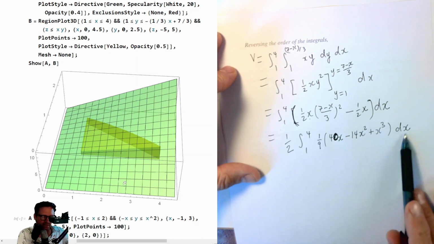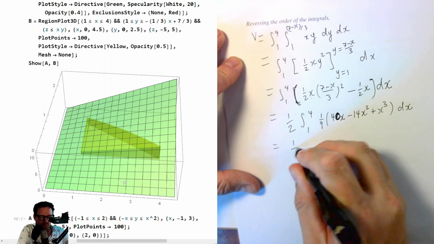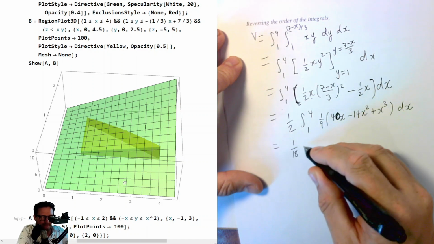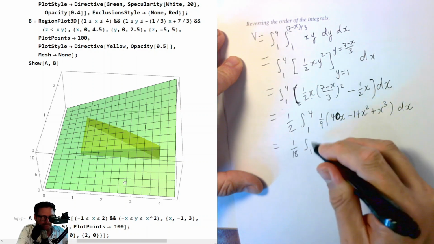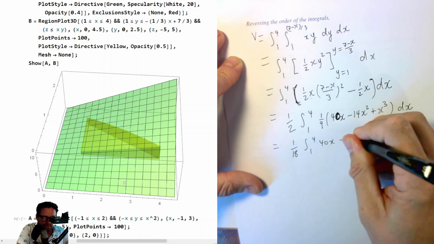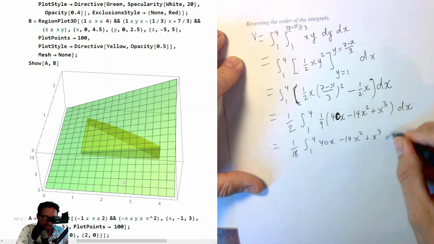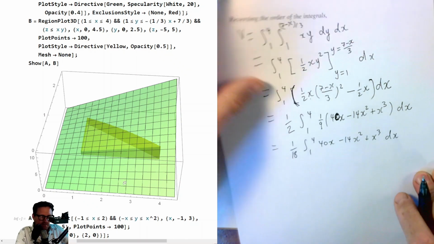So now, to complete this, we can pull that 1/9 out. Call this 1 over 18 out here. And now let's integrate this.